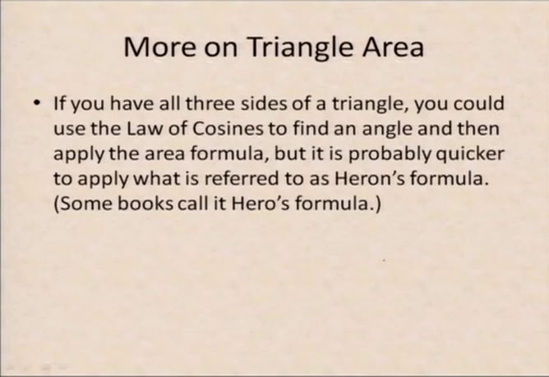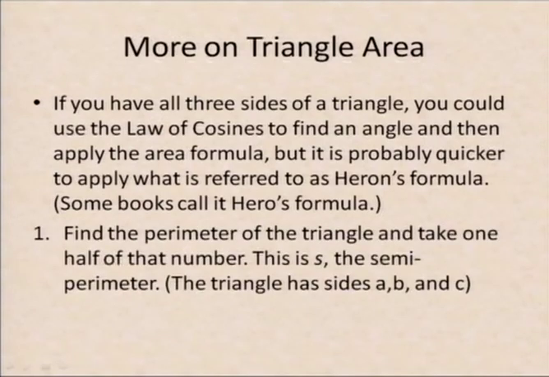Now some books actually call it Hero's formula. I've seen it both ways, so whichever way your book does is fine. But it says if you've got 3 sides and no angles, rather than go through solving the triangle to find one of the angles, you can go through these steps here.